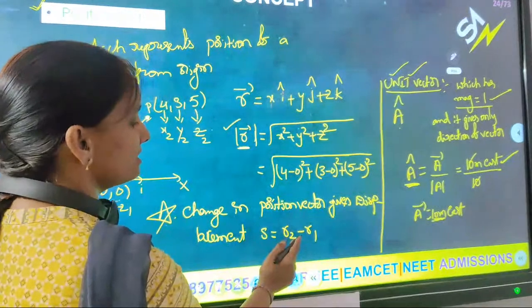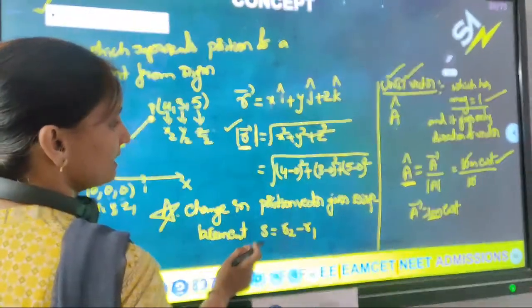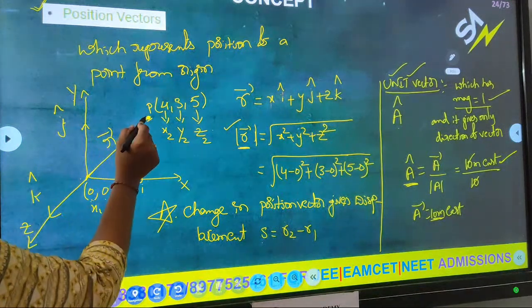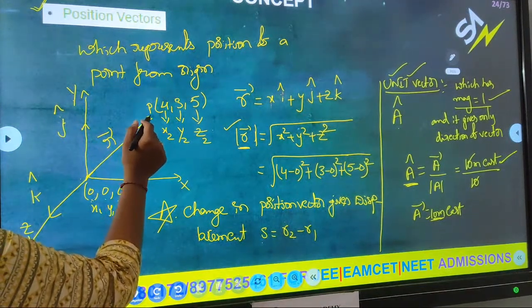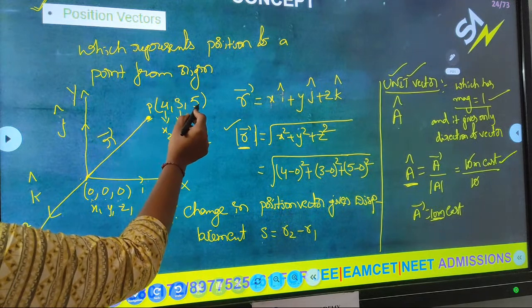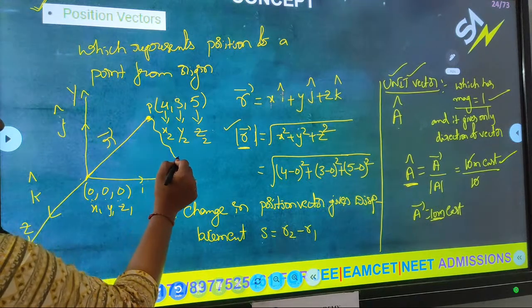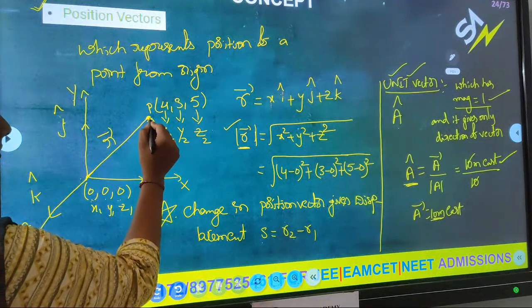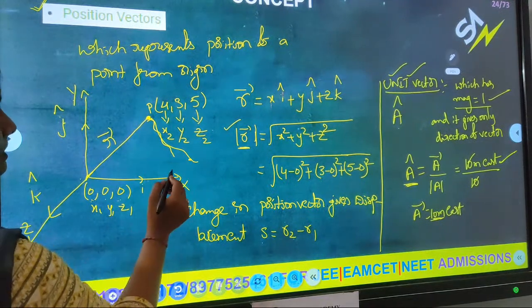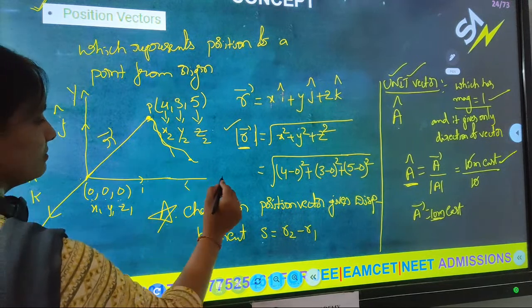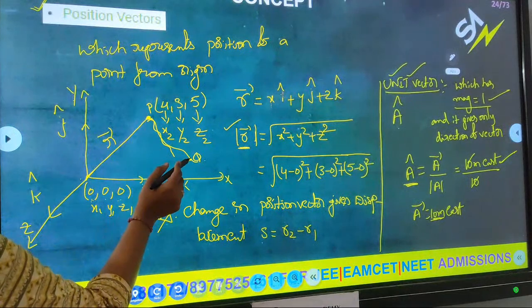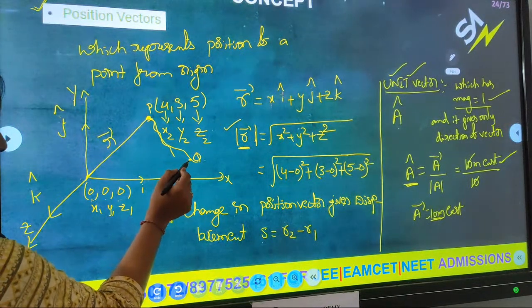Final position minus initial position gives the displacement of the particle. Look at this diagram: the particle is initially at coordinates 4, 3, 5 and it moves to another point Q. So initially at this point, and it moves to point Q.